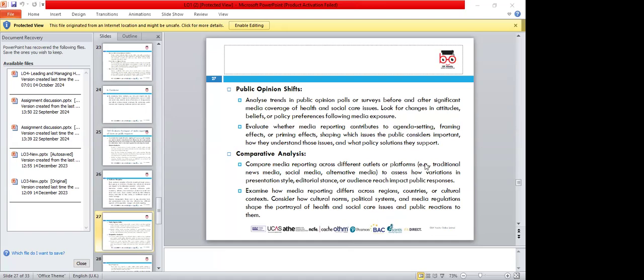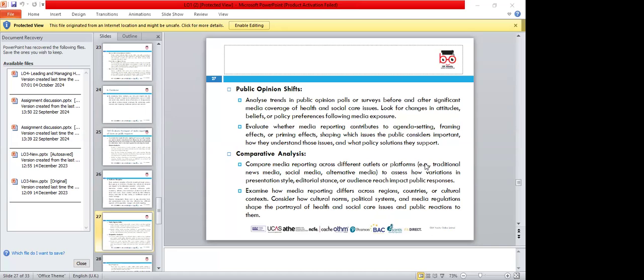So we have to compare media reporting across different outlets and platforms, in the news media, social media, alternative media, to assess how variations in presentation style and editorial insight matter. Examine how media reporting differs across regions, countries, or cultural contexts. Of course, we have different media reporting styles in Nigeria, Ghana, and the UK.